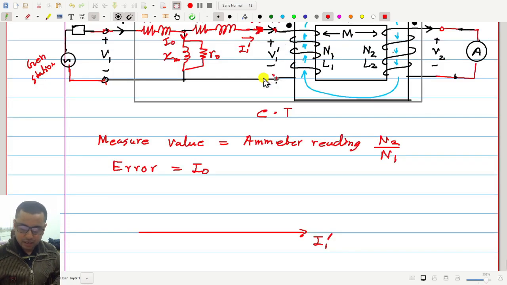So this is I1 prime, and with this we have to add I0. If I0 is here, then you add it here, I0. These two together will be the actual current.